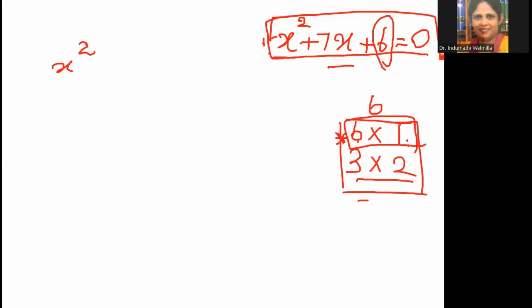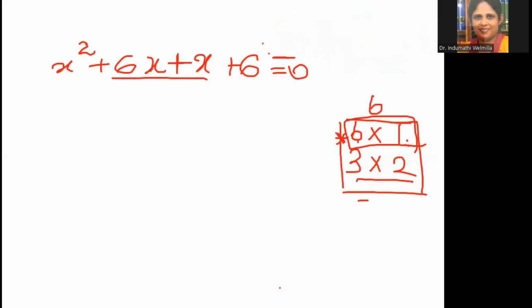How? 6x, and we know plus, no? When we add 1x, then this is the 7x. So instead of 7x, we can write this. And our remaining constant value is 6, equal to 0 now, right?